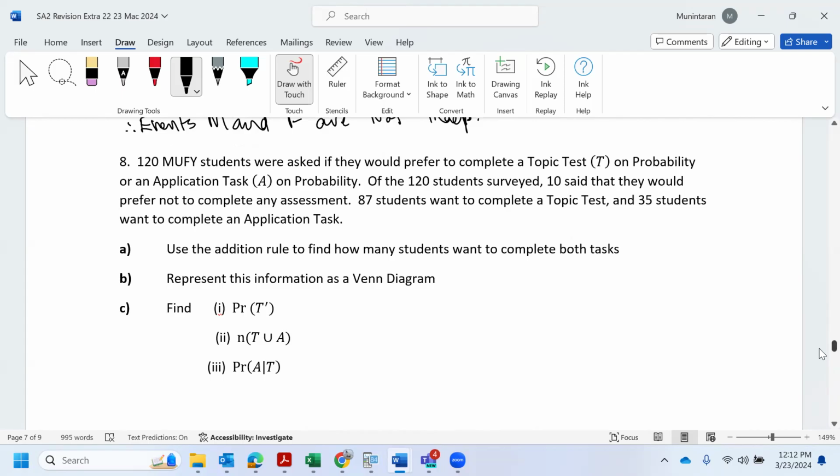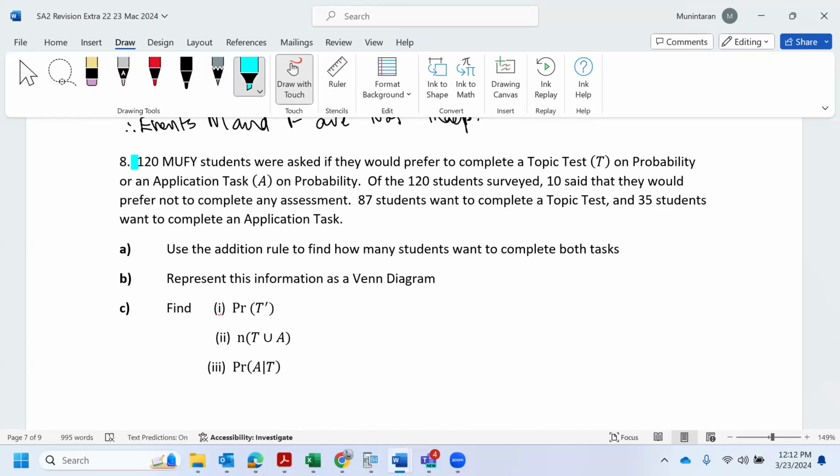Another example of basic probability here, but in this case, you need to use a bit more of the theory. 120 MUFY students were asked, so their total is 120.